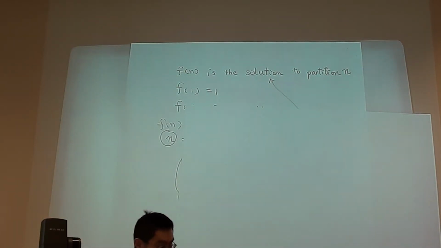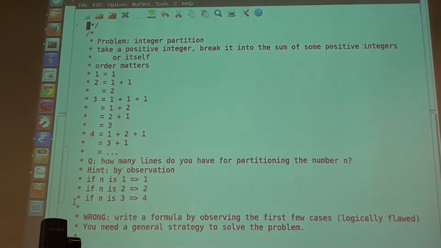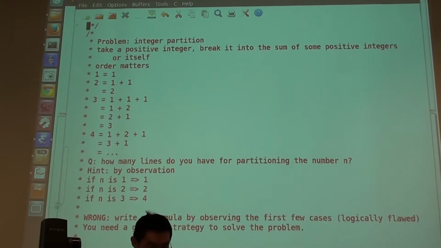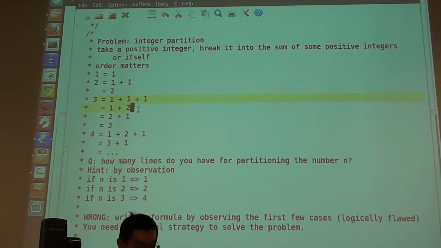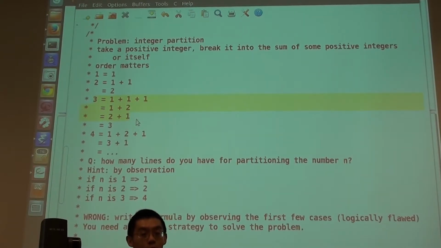So going back to this question, I want to partition 3, and I have 4 ways to partition 3. I have 4 lines. If you look at 4, I have written it already.